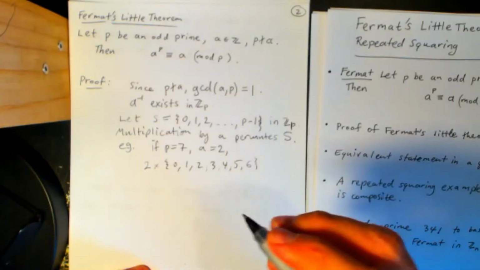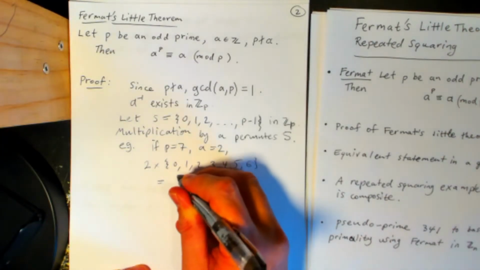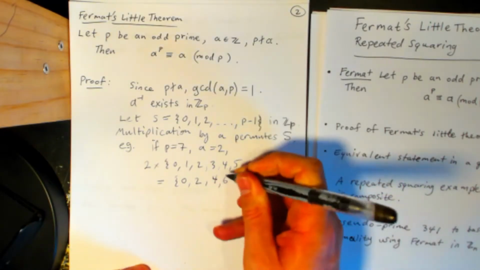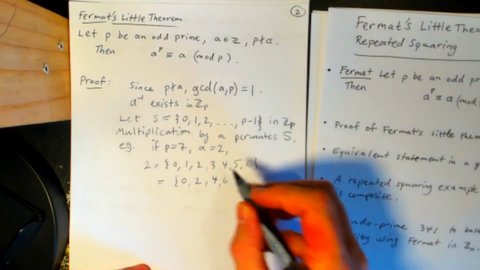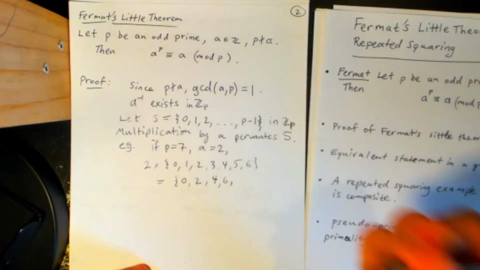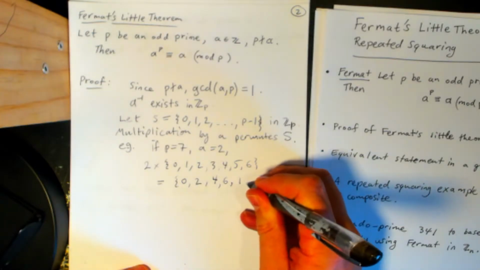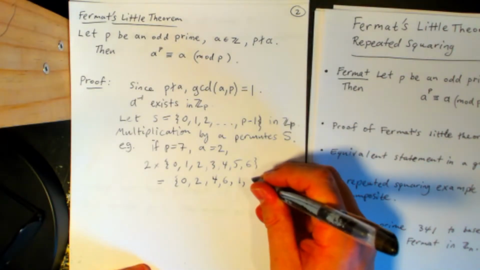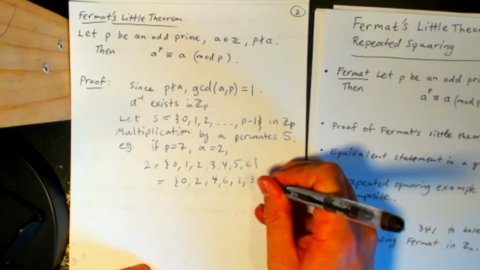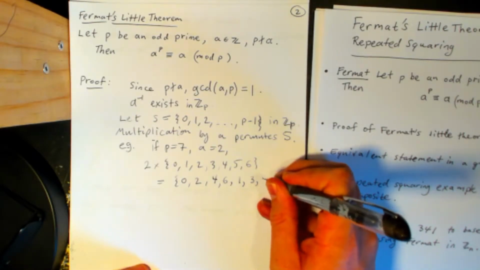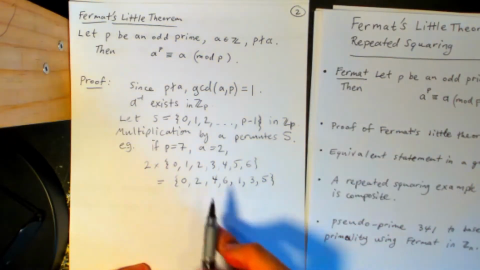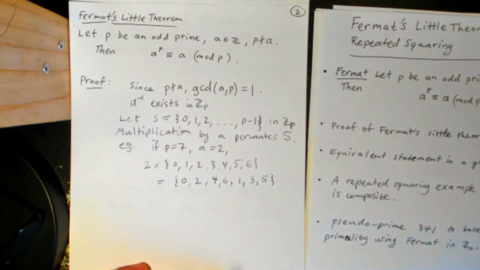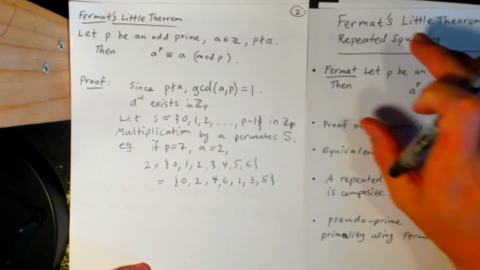Okay, so multiplying this by 2, we get 0, 2, 4, 6, which is 2 times 3. 2 times 4 is 8, but that reduces modulo 7 to be 1. And then 2 times 5 is 10, but that's 3 mod 7. 2 times 6 is 12, which is 5 mod 7. Okay, so you can see that this is just a permutation of this set right here. So hopefully it's at least plausible for you at that point.